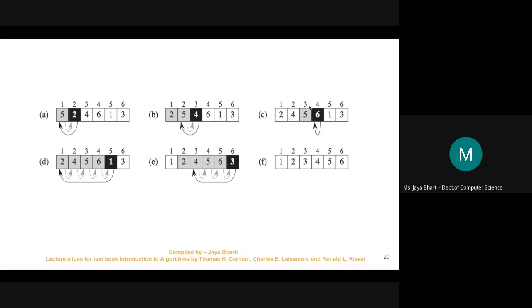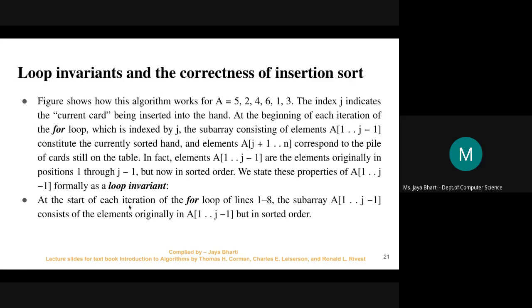They are in sorted order, but they are the only elements that were originally there and are still there; the elements have not changed. We state these properties of A[1 to j minus 1] formally as the loop invariant.